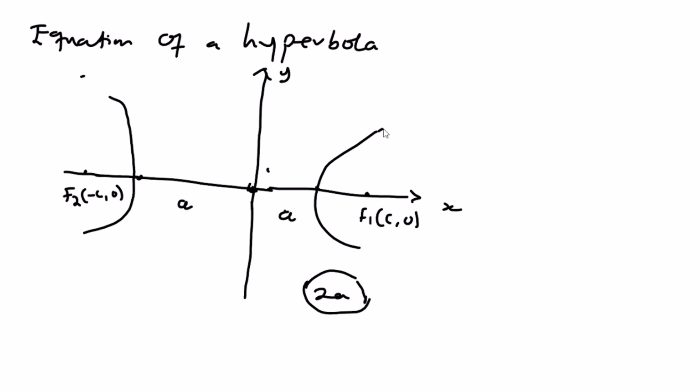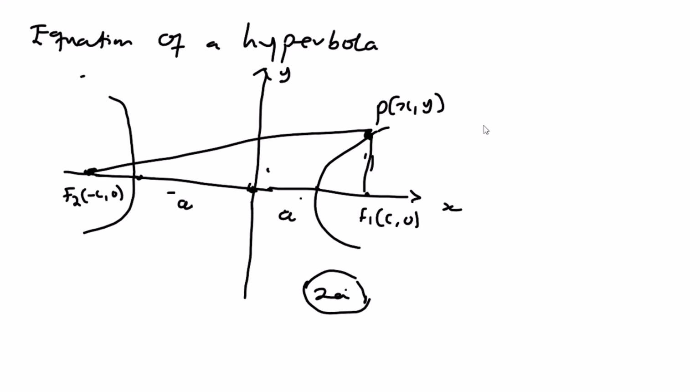Now let's take a point on this here, let's say point P(x, y). The distance from the second focus to the point P, minus the distance from this point P to focus 1, is equal to this here, which is the 2a.